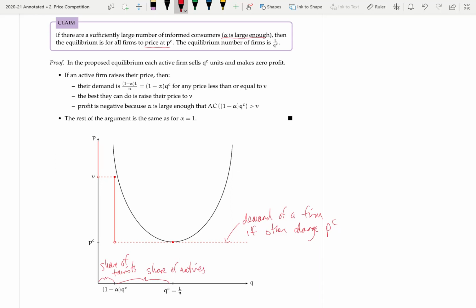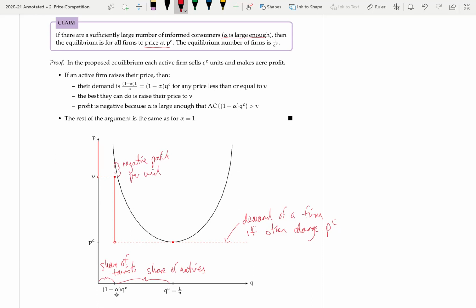If this firm raises its price from PC, then it will no longer sell to the natives, it will only sell to the tourists. And if it's going to raise its price above PC, it may as well raise its price all the way to V, because demand will be unaffected for prices between PC and V. And at a price of V, they're actually going to be making a negative profit per unit because the average cost is more than the price.